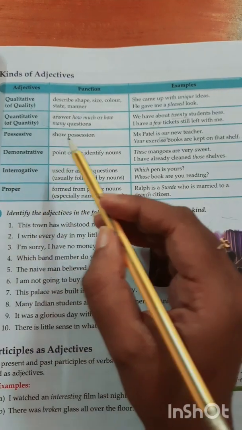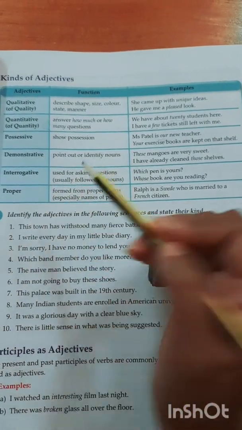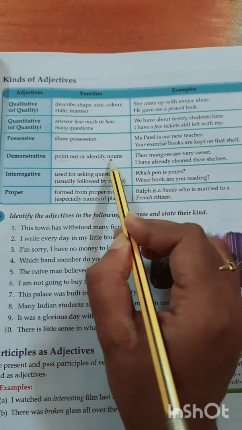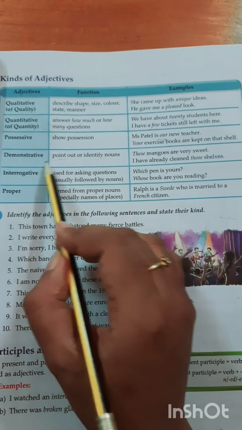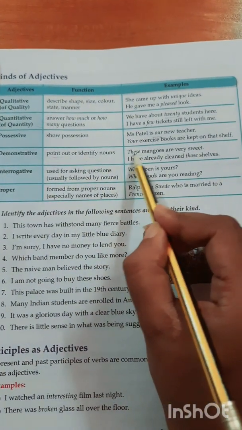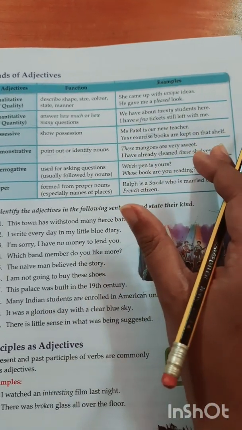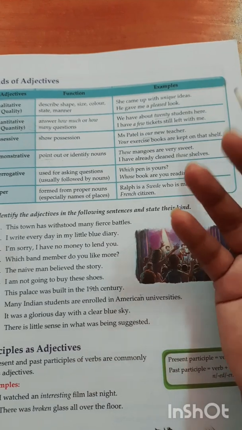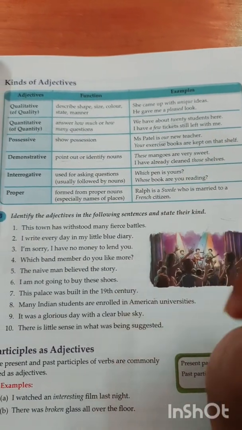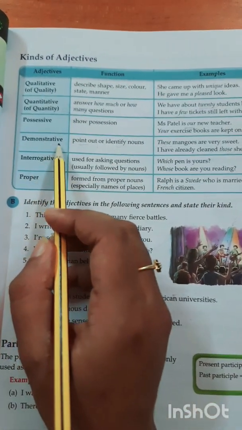And then demonstrative, used to point out or identify. For example, these mangoes, these papers, these coins, these books, those shells. You're identifying or pointing out something, so they are demonstrative adjectives.